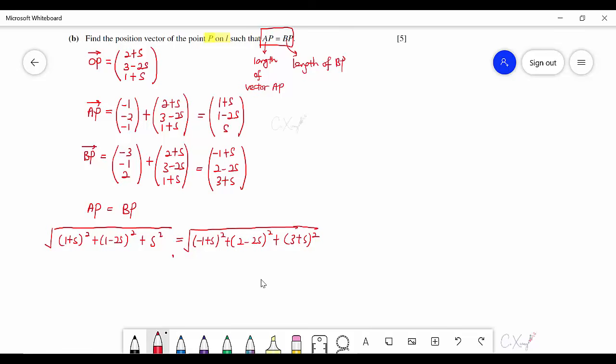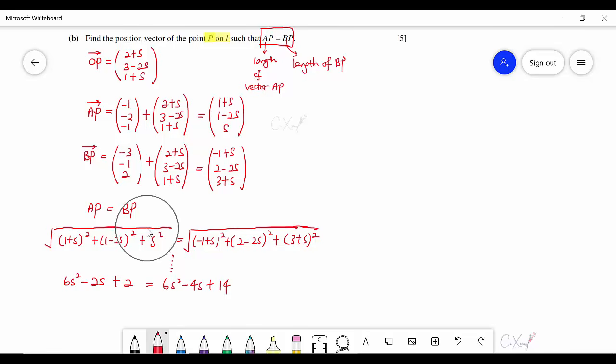After you cancel off the square root and expand everything, the left hand side you have 6s squared minus 2s plus 2, which equals 6s squared minus 4s plus 14. You should come to this step here.